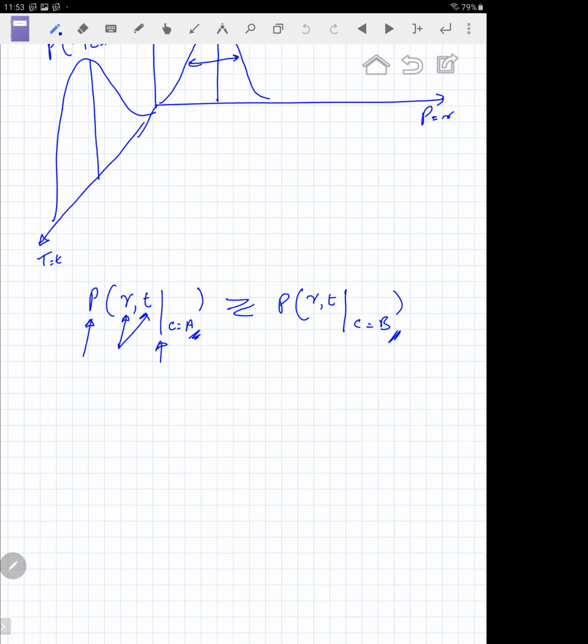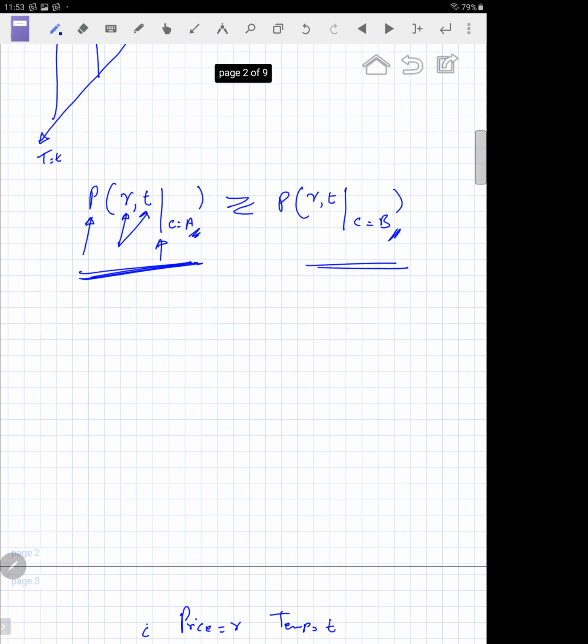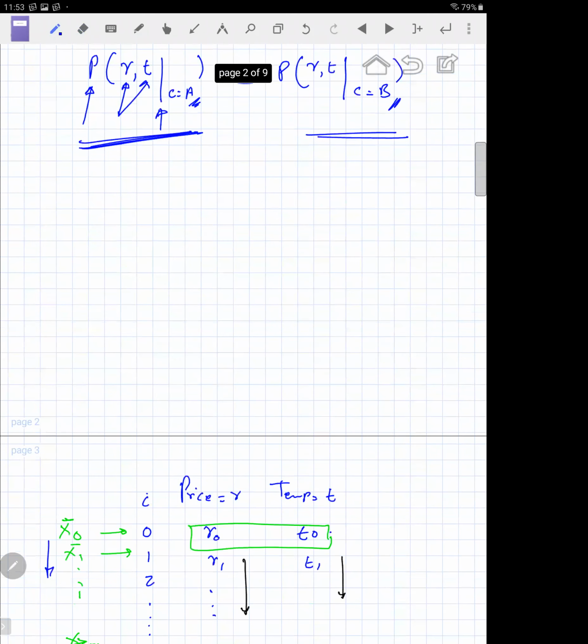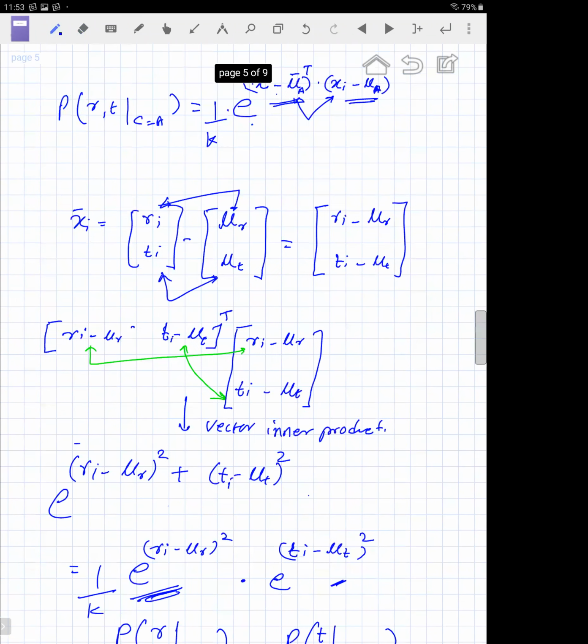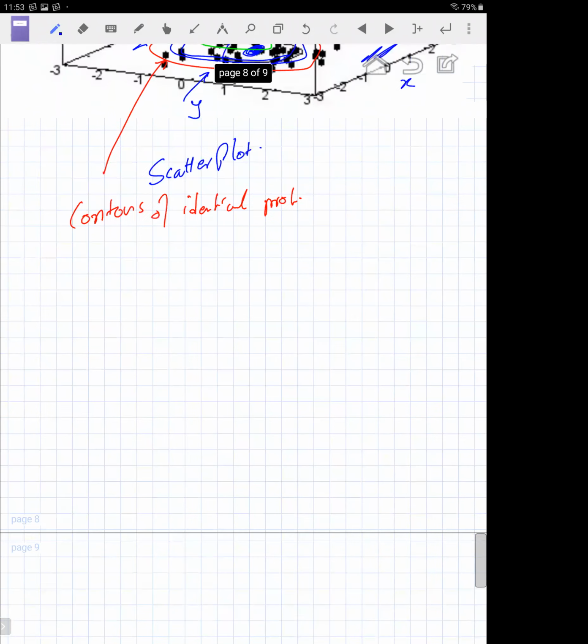We want to compute the maximum likelihood equation, the joint probability of this one, and compare it with the joint probability of this one. What does it mean to have 2 joint probabilities and compare them? Again, sorry for the poor drawing skills, but let me show you an example before we work out the math.